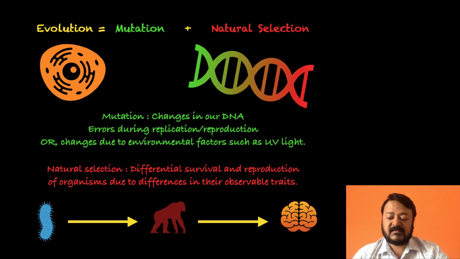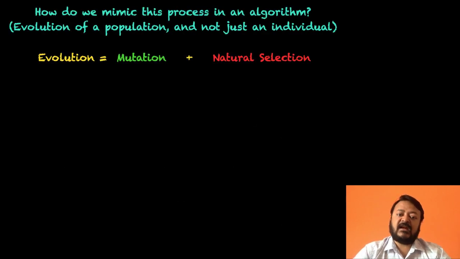Now let's try to understand how do we mimic this process in an algorithm to some extent. Again, as I said, evolution is a very, very rich phenomena and is fundamentally different from an algorithm. But it is possible to learn certain concepts or certain aspects of this evolutionary process and incorporate that into our algorithm.